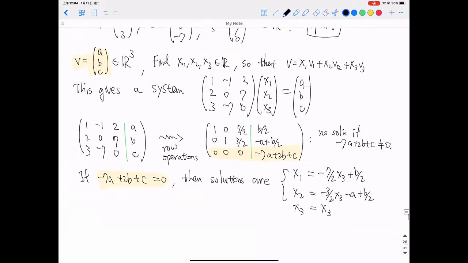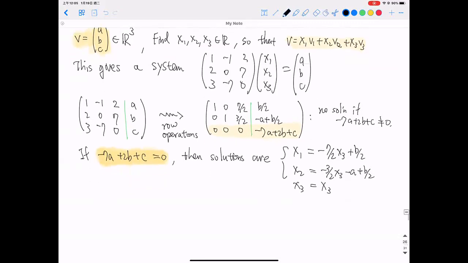So what does this mean? This means that for vectors v satisfying this condition here, you have solutions. Therefore, you can write v as a linear combination of v1 through v3. If this condition does not hold, then you cannot do that.